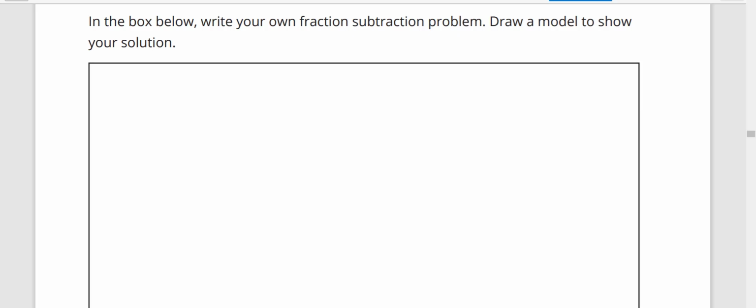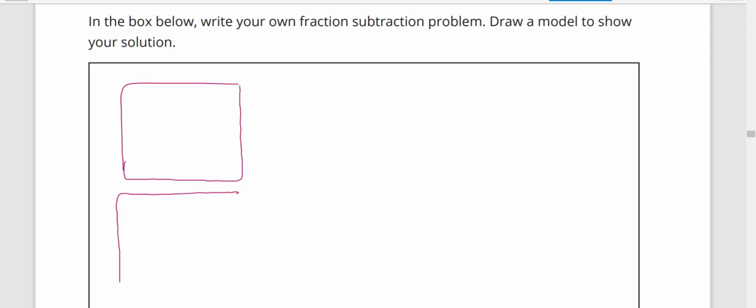Draw a model to show your solution. Draw two models and divide each model into 8 equal parts.